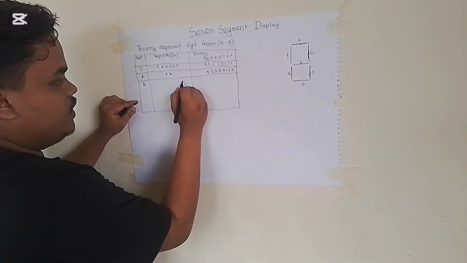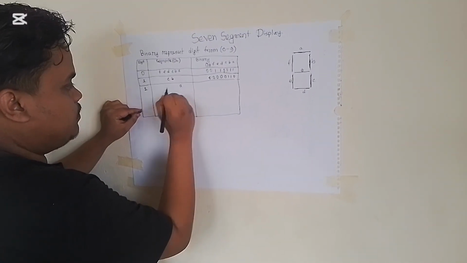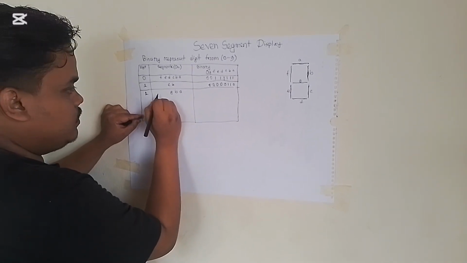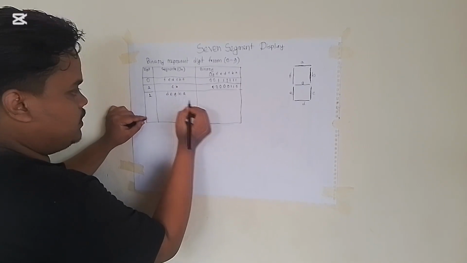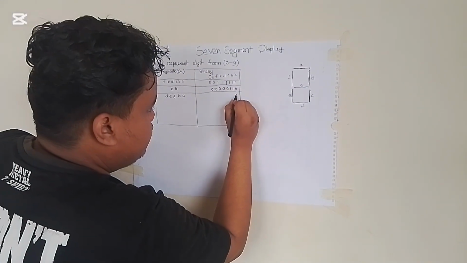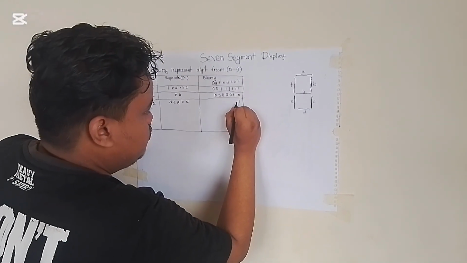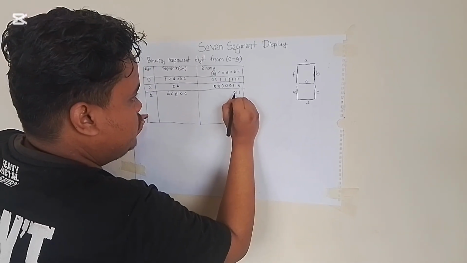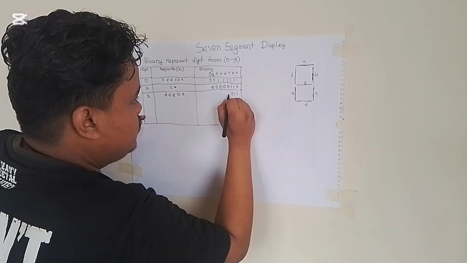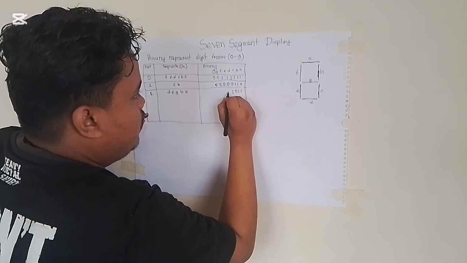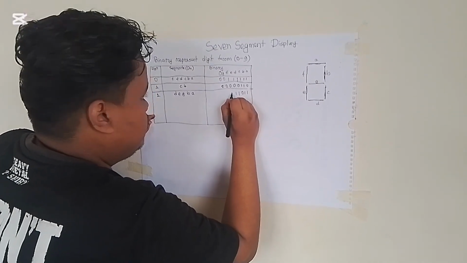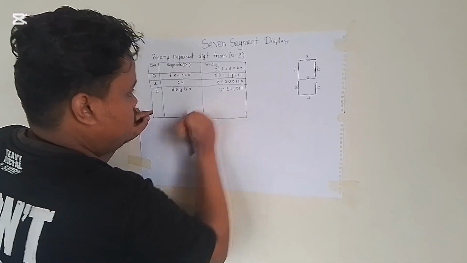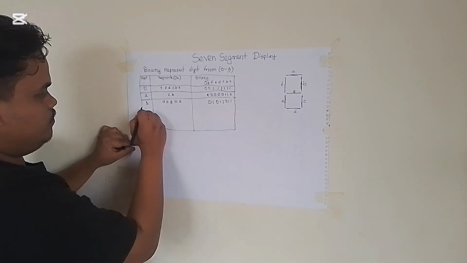So we write here A segment, B segment, G segment, E segment and D segment, and here we mark A segment, B segment, C off, D segment on and E segment on, F segment 0 and G segment on. Rest of them are 0.